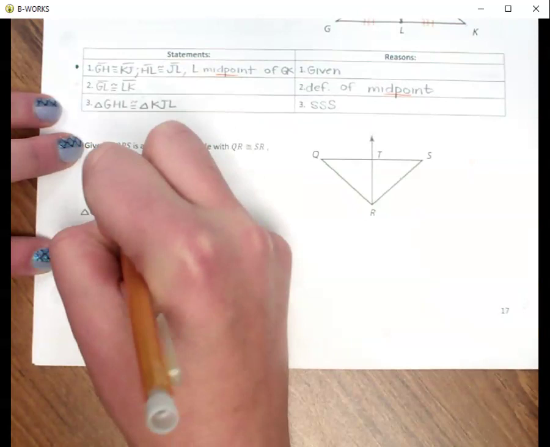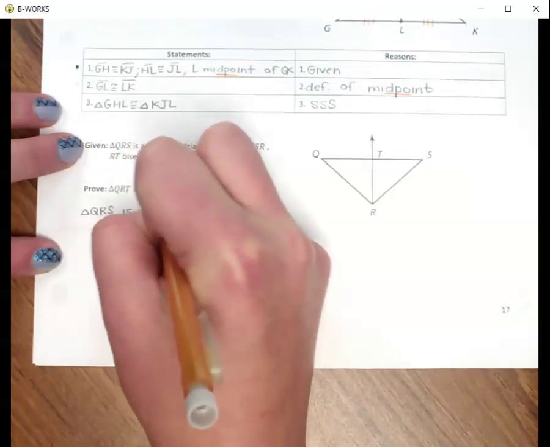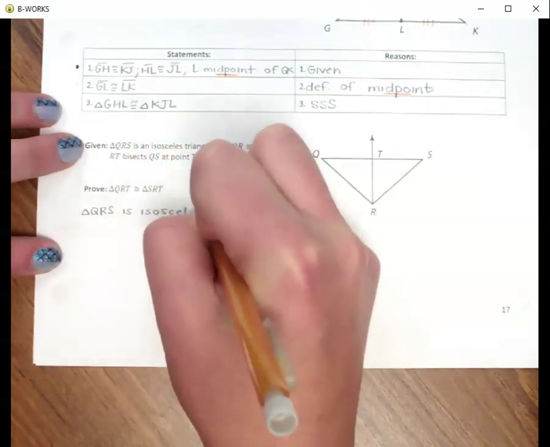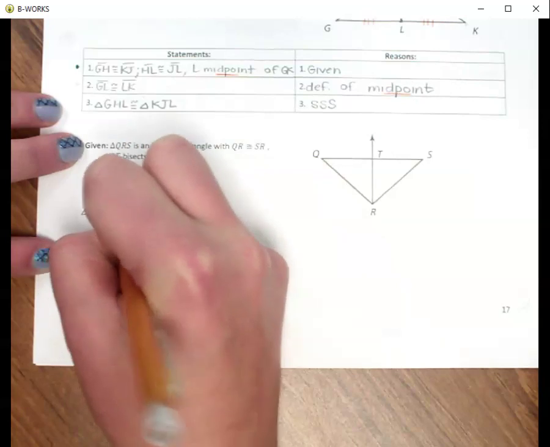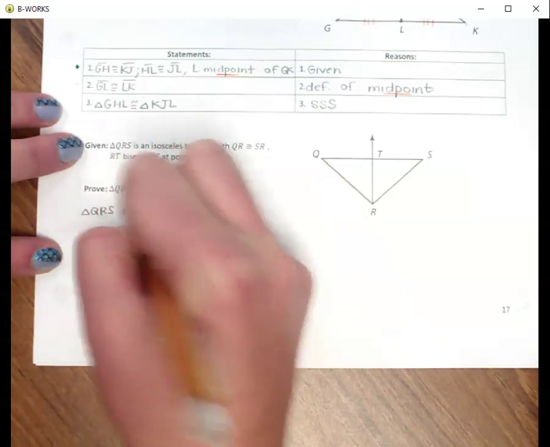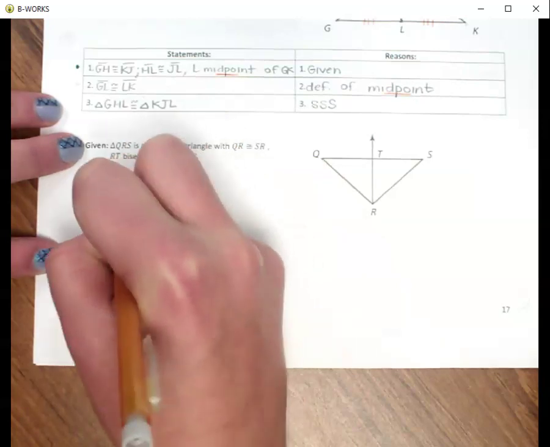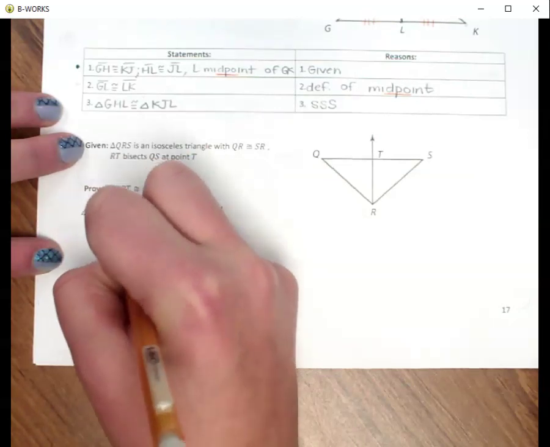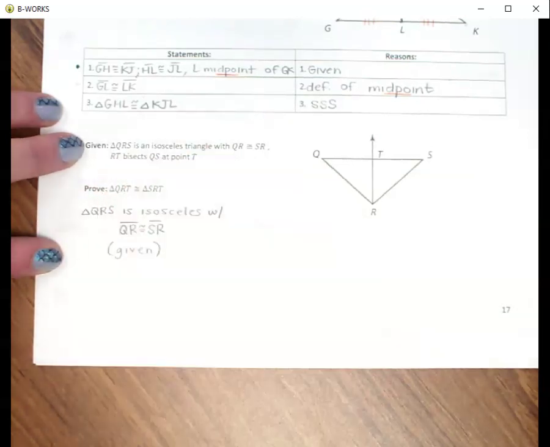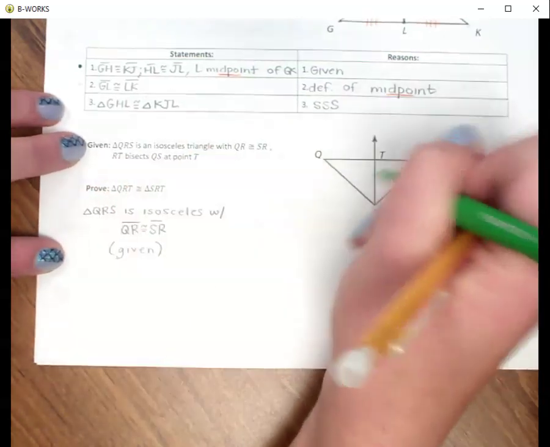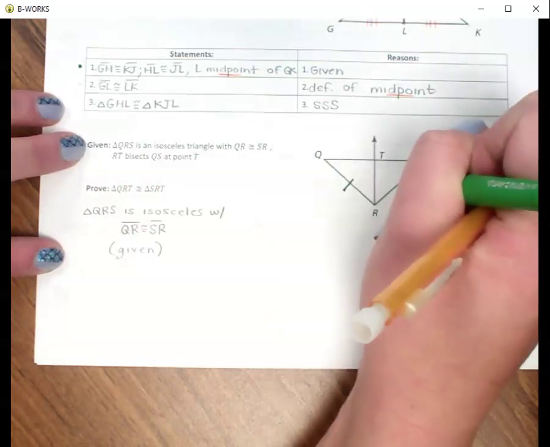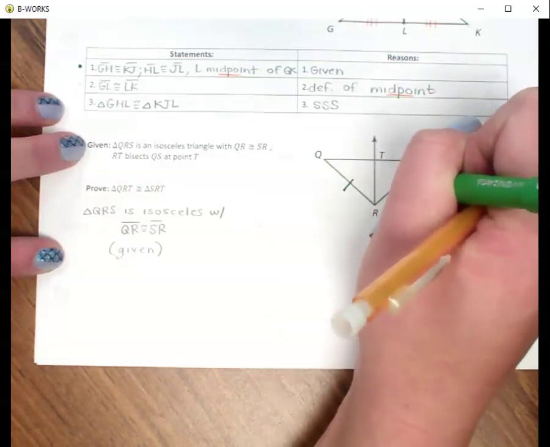Triangle QRS is an isosceles triangle with QR congruent to SR. That's one piece of given information, and I'm going to mark that.